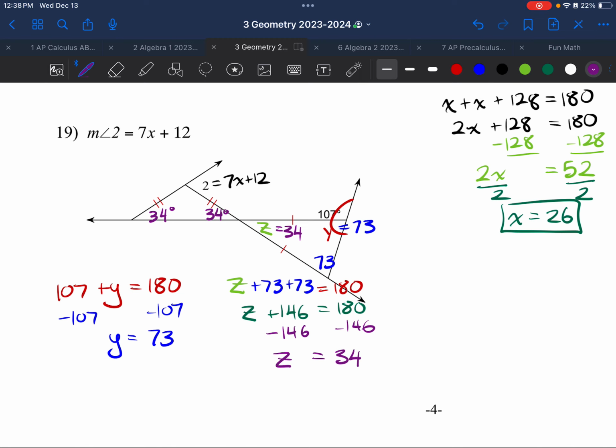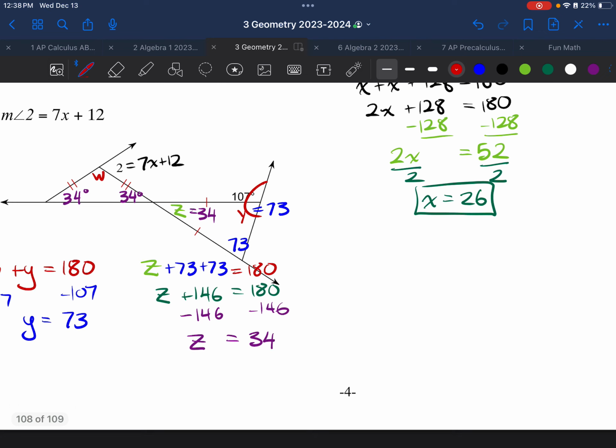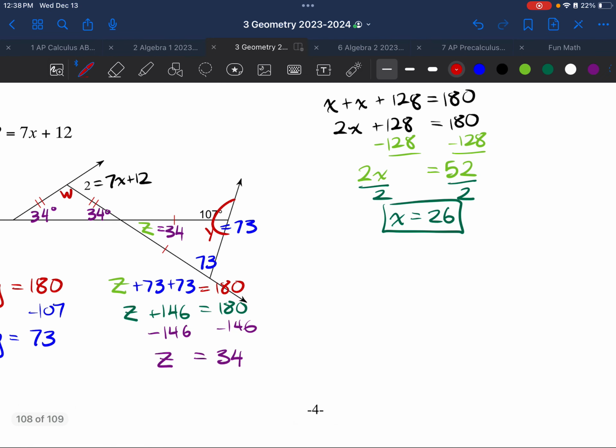And because we know that these three angles add up to 180 degrees, I will temporarily call this angle W, I suppose. Angle W and 34 and 34 add up to 180 degrees. W plus 34 plus 34, that adds up to 180.